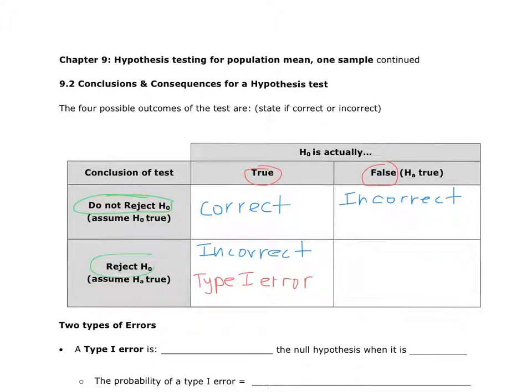That's an error, and that is a type 2 error. And then the 4th thing that can happen is the null hypothesis is actually false and we reject it. And that is a correct outcome, a correct conclusion.